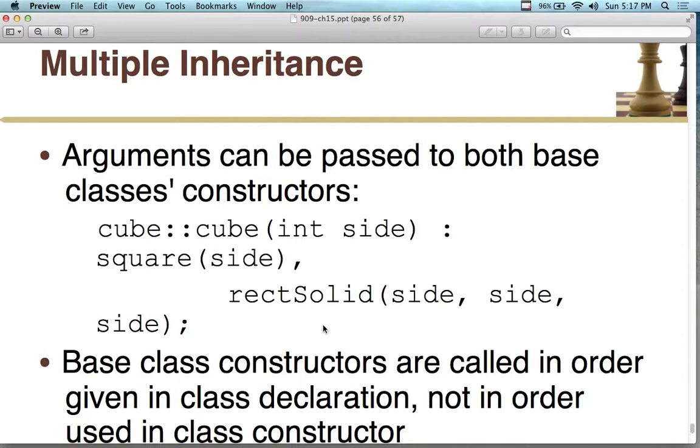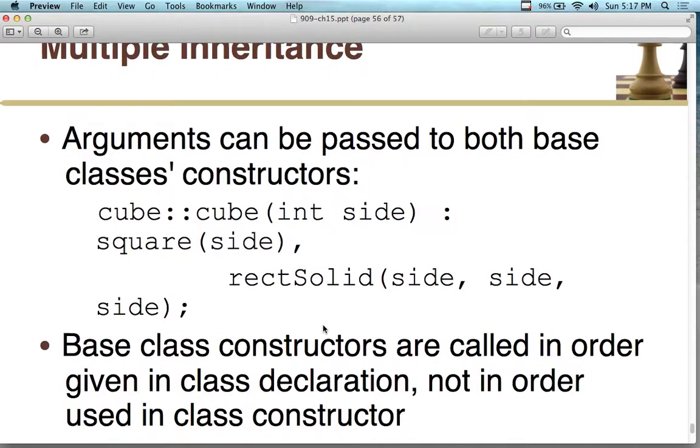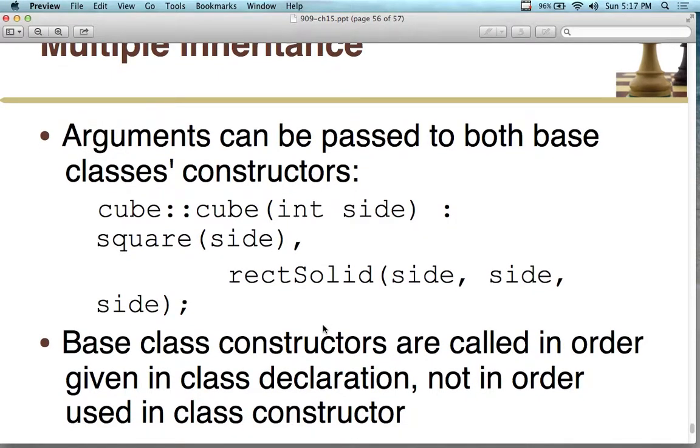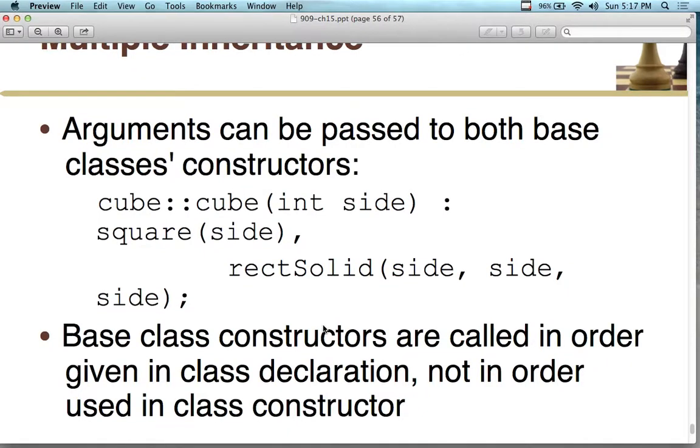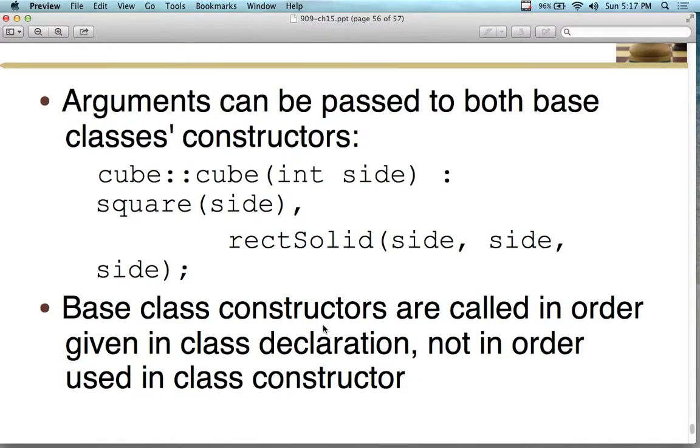So the constructor for the employee just sets the employee's characteristics, and all the stuff for the dog goes to the dog, the cat goes to the cat. And now we have some pretty interesting hybrid animals going on here. I don't know about all that stuff, but it's possible with C++. So arguments can be passed to the base class constructor by saying, in this particular case, cube, inside colon, square.